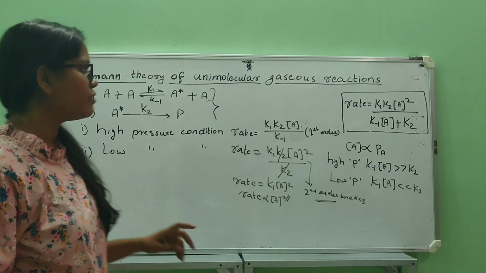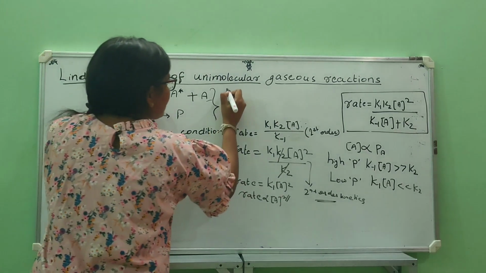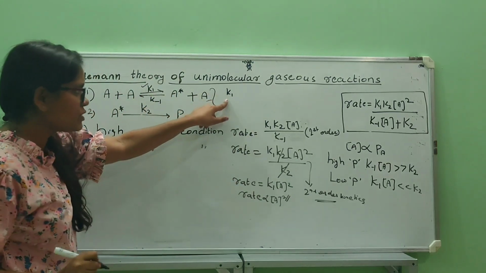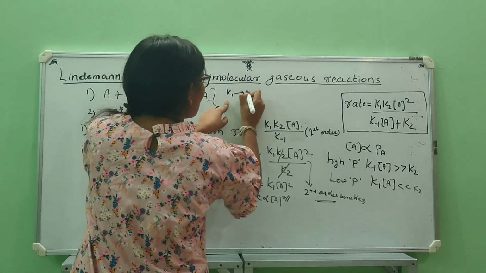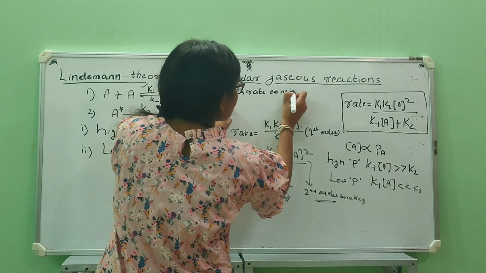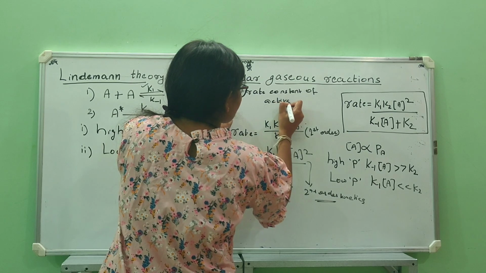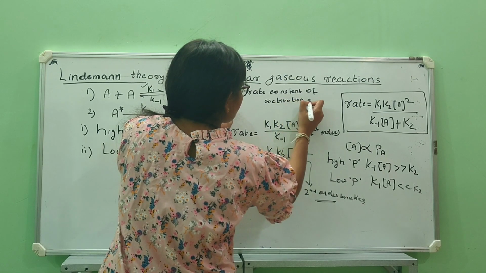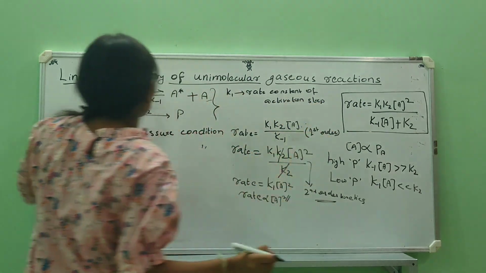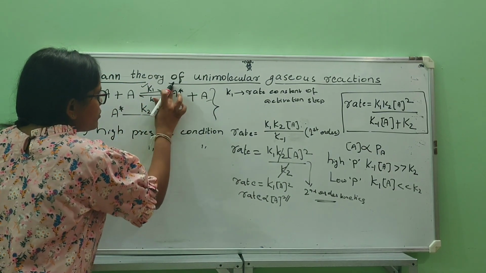Actually, I forgot to tell you one important thing about K1. This rate constant K1 is a special rate constant. It is also called the rate constant of activation step, okay? This is because in this step, the energized molecule A star is forming.